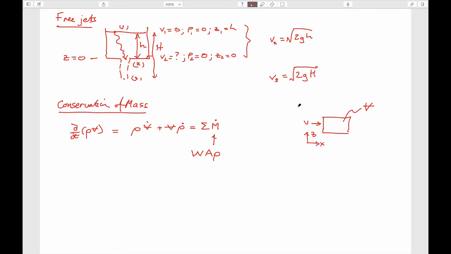Because we've used this analog that the velocity to a static observer is equal to the velocity of the control volume plus the velocity of the jet. So if you like, that's just going to complicate matters. Let's just explain it. So this is the velocity relative to the control surface.